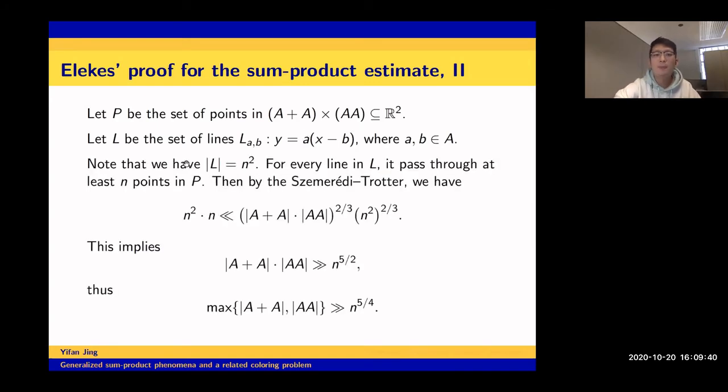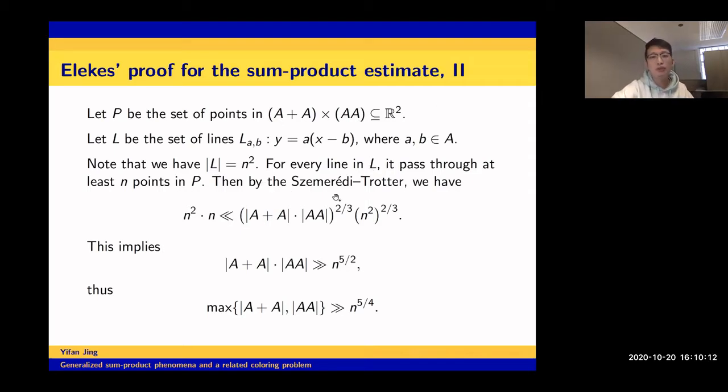So the number of lines we have is n squared, because A has size n, so we can choose n different numbers for a and n different numbers for b. So L has size n squared. And every line in L passes through at least n points in P, because we can choose points of the form b plus another element c in A. For the x value b plus c, y would be a times c, so it also lies in this product set.